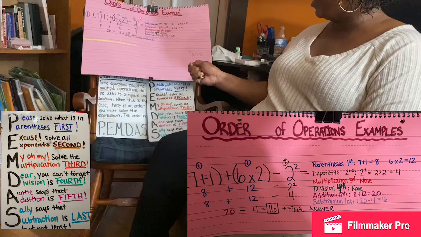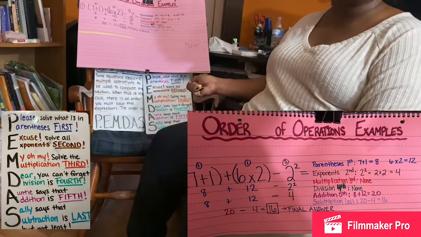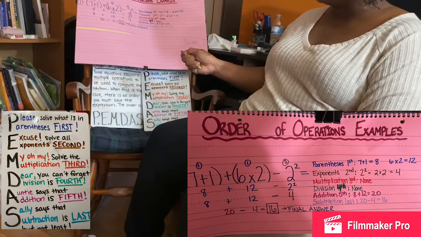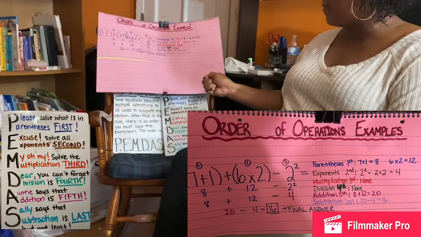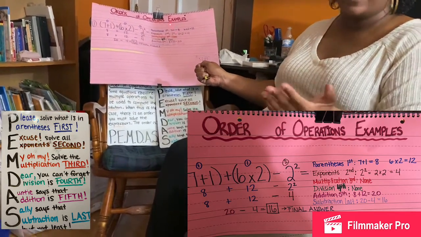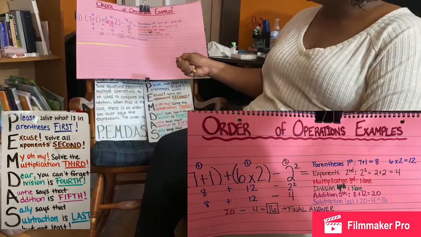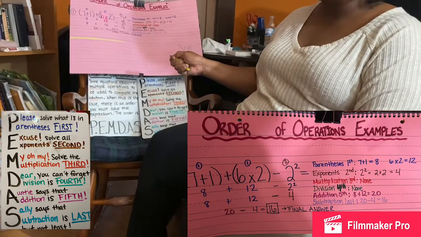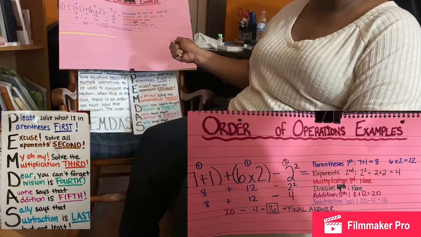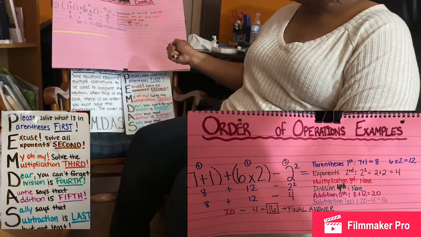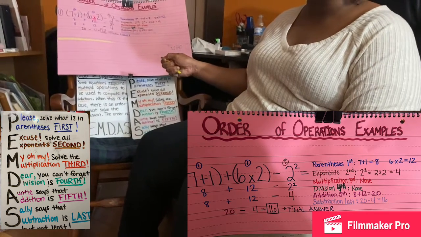So the first thing we do, all right, please solve what's in parentheses first. So the first set of parentheses has 7 plus 1. All right, 7 plus 1 we know is... that's right, 8. 6 times 2 is our next set of parentheses. 6 times 2 we know is, that's right, 12. All right, so now we are done with our parentheses.